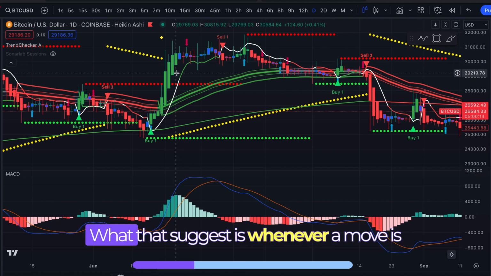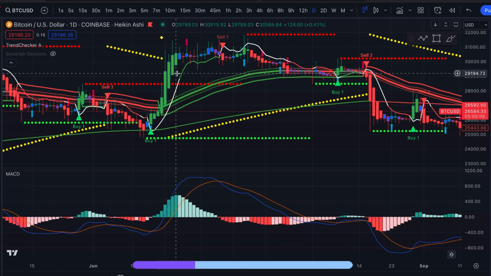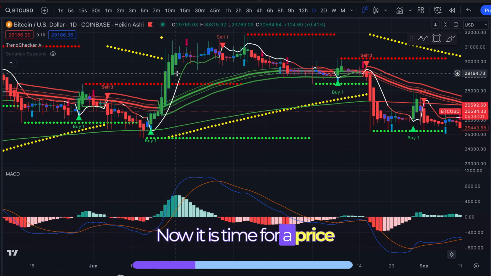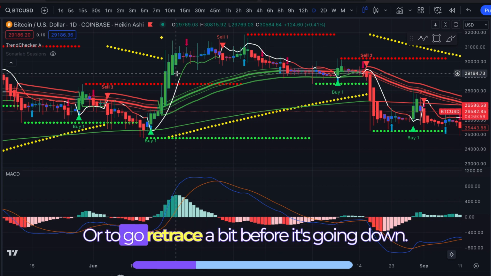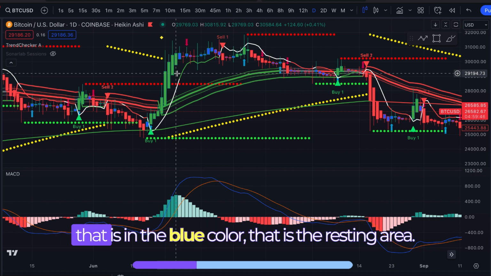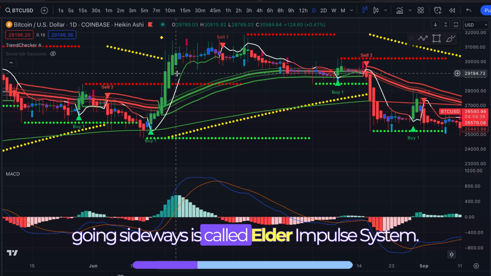That suggests an upward move has already happened, and now it is time for the price to rest, go sideways, or retrace a bit before the next move. Before it changes color from green to red, the area in blue is the resting area, where price is resting or going sideways. That is the Elder Impulse System.